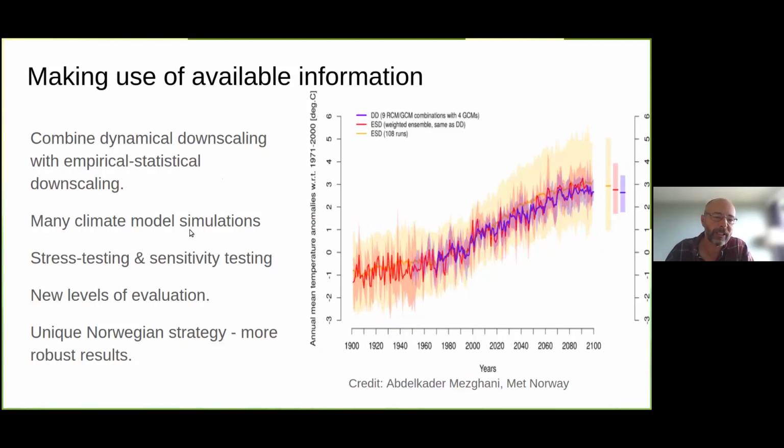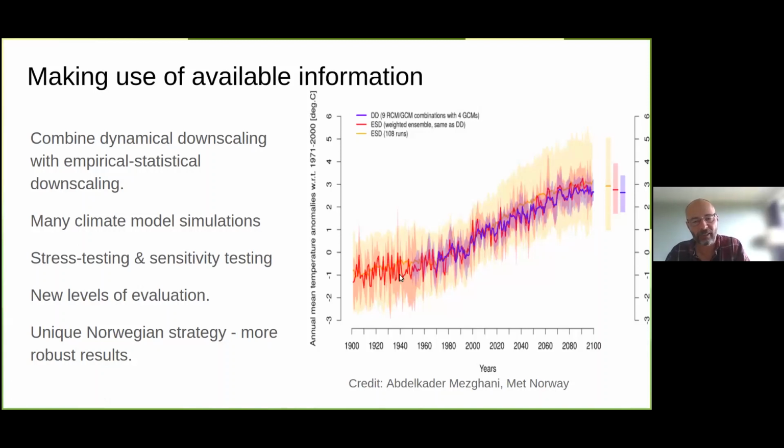So we run many climate model simulations, and stress testing and sensitivity testing are really important to try to get a picture of how sensitive we are, and what would happen if this storm came here. But all of these things actually require new levels of evaluation as well.